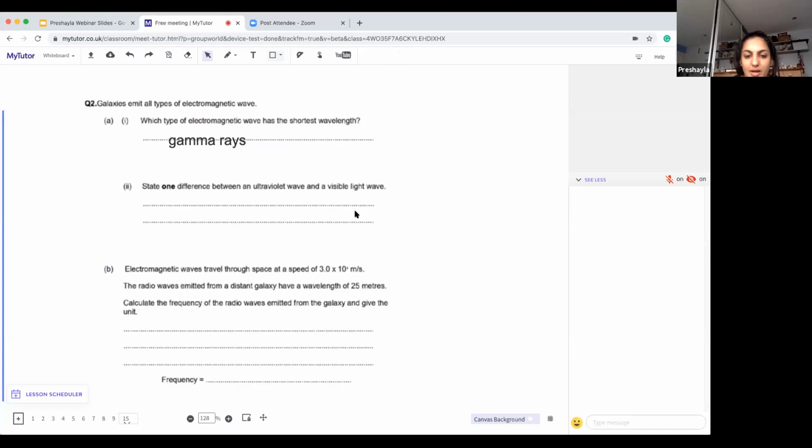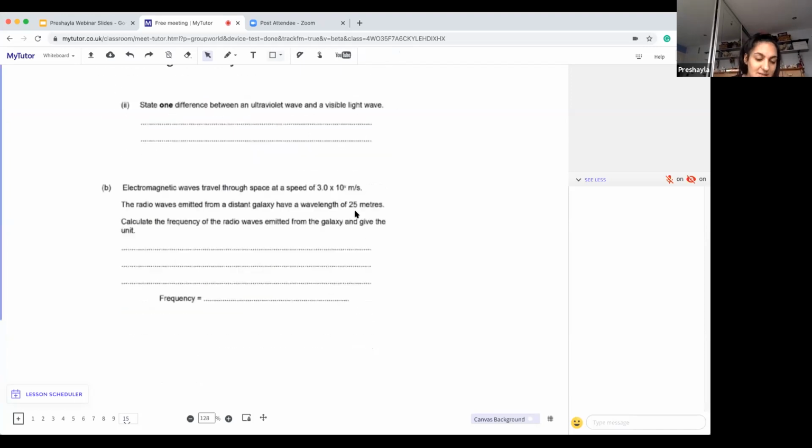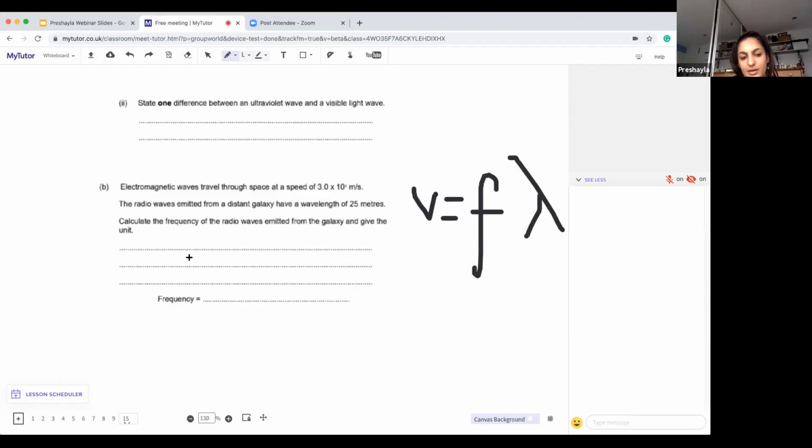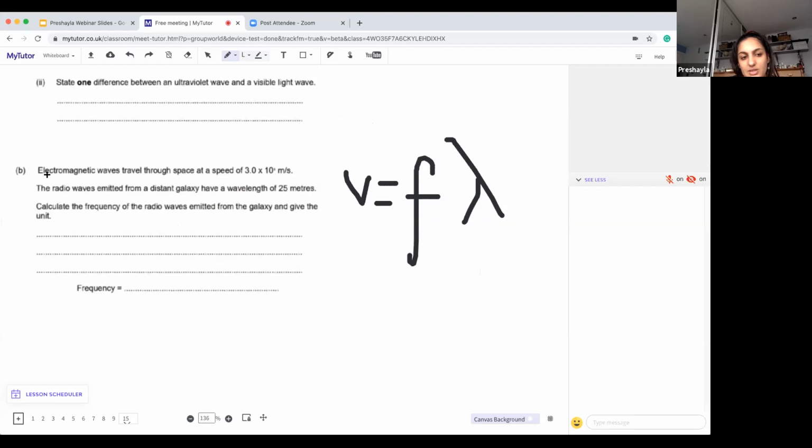Okay, now this next part of the question is a mathsy question, and it requires you to use our equation, which is V equals F lambda, where V is the wave speed, F is the frequency, and lambda is a Greek letter, which means wavelength. Even though we're dealing with electromagnetic waves, we still use this equation.